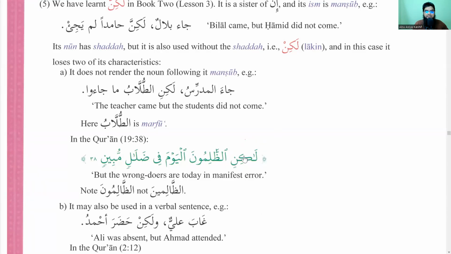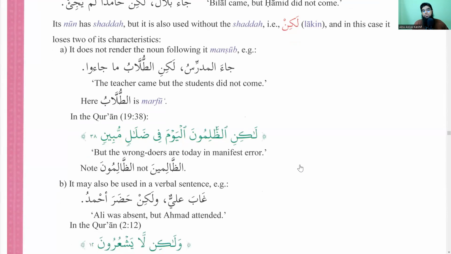But the wrongdoers today, al-yawma is dharf, fi dalalim mubin, man'ut. Then today in manifest error. Note it is zalimuna, not zalimina. We did not make this zalimina because of lakin.